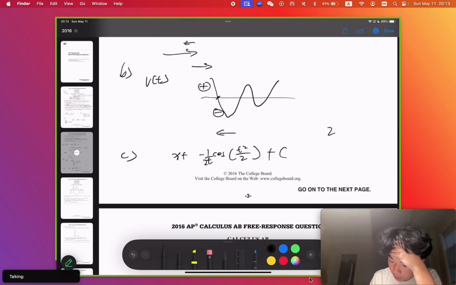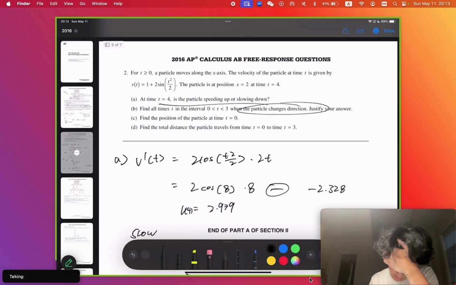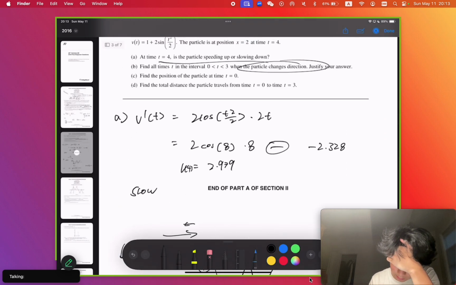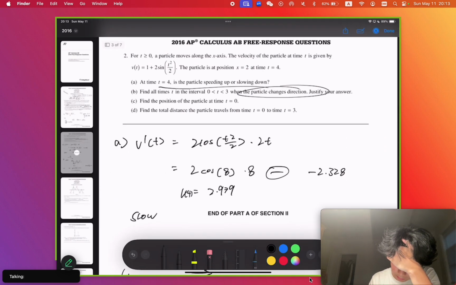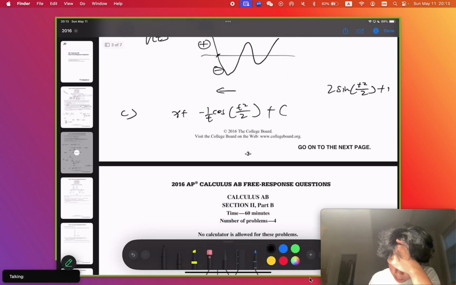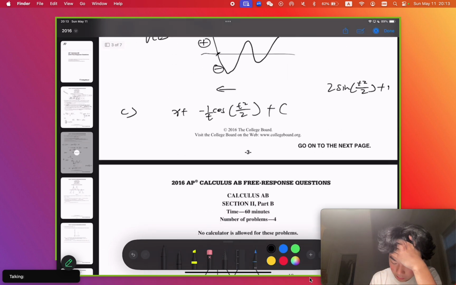I'll get 2 sine of t squared over 2 plus 1. Okay, that makes sense. It's at 2 when t equals 4. Oh, this is not x, this is t.